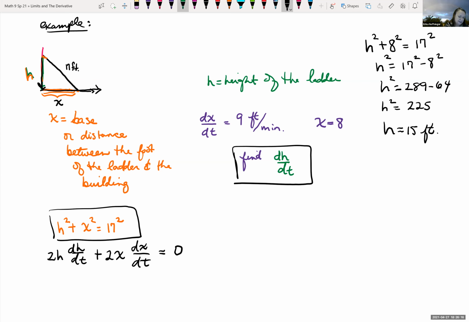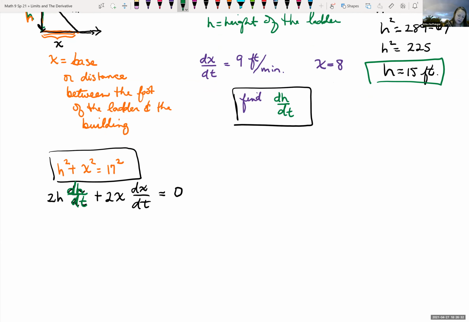Well, we want to find dh/dt, and we're given all those other values. We just found that h was 15. So let's plug these values in. We have 2 times h, which is 15, times dh/dt, which we're looking for, plus 2x.